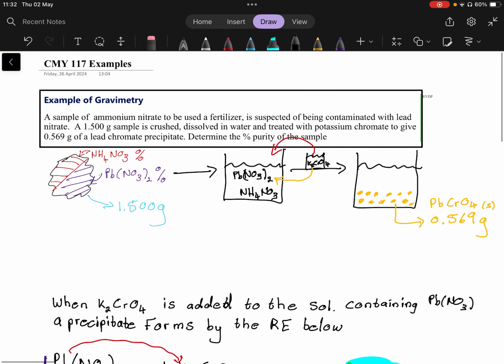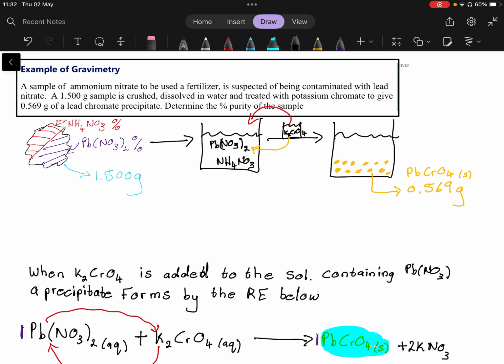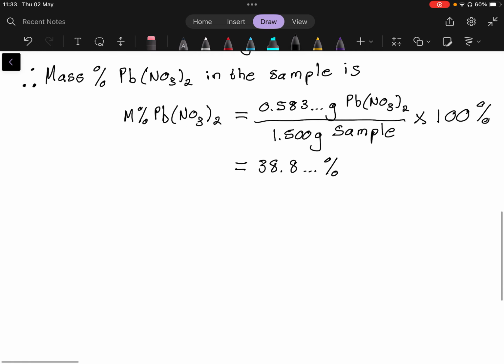Well, because we're asked to determine the percentage purity of the sample. In other words, we're not interested in how much lead there actually is. We're just interested in how much ammonium nitrate there actually is.